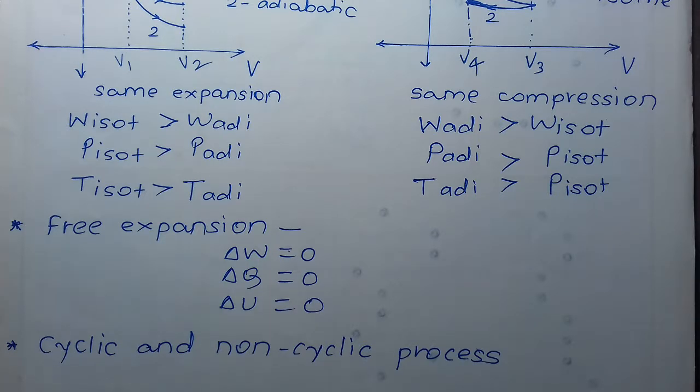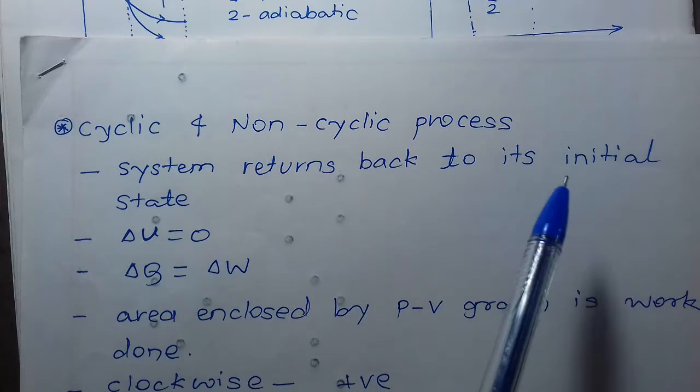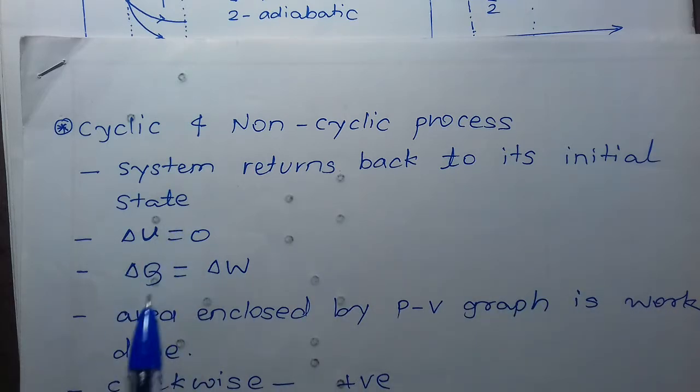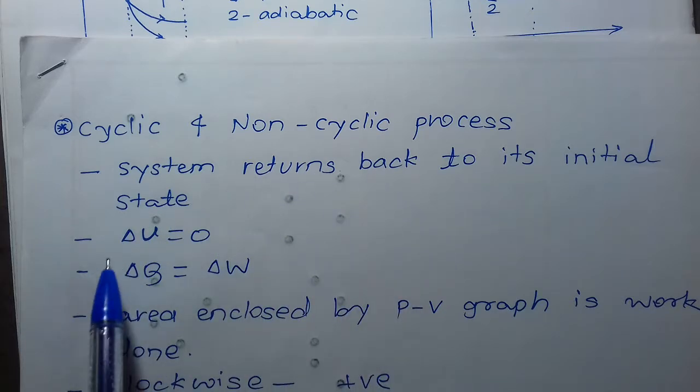Then, cyclic and non-cyclic processes. If the system returns back to its initial state, then it is called a cyclic process. If the system returns back to its original state, that means initial temperature and final temperature are the same.